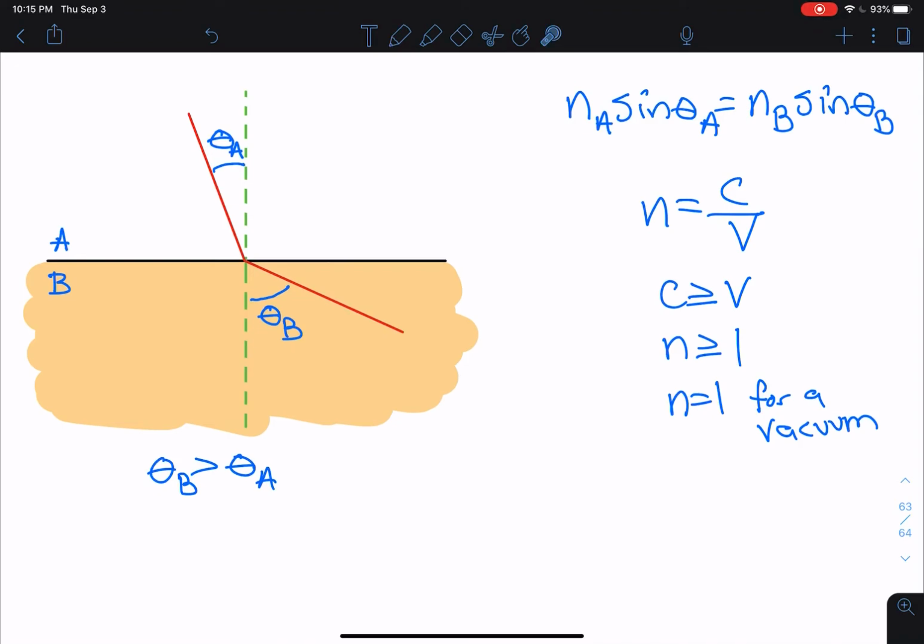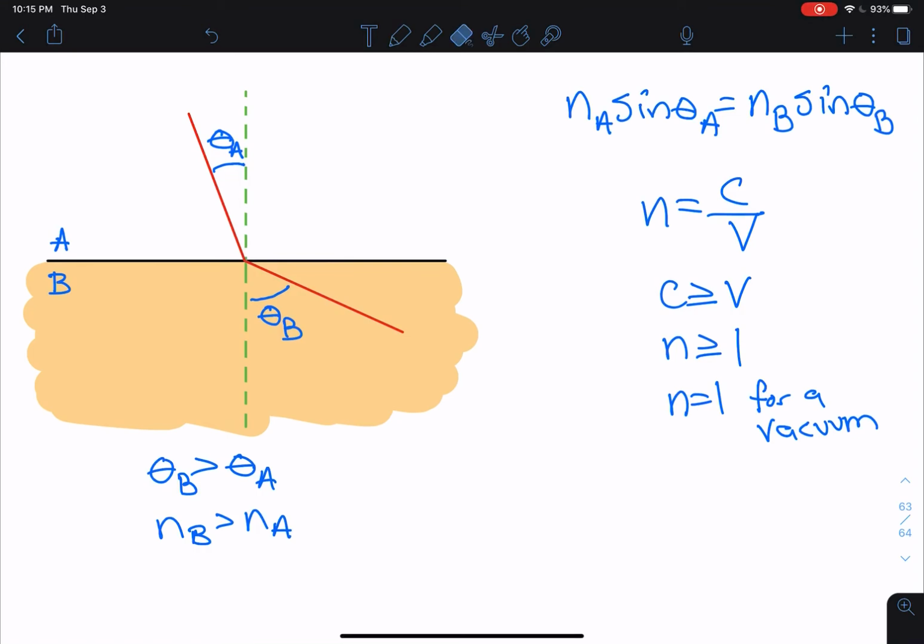Well, based on that, in this formula, the bigger the angle is, and of course my angle can only be between 0 and 90, so in that range, the bigger the angle is, the bigger the sine is. So that means this here is bigger than this. Well, in order for this equality to hold, that must mean that n_B is going to be less than, I totally drew that wrong.